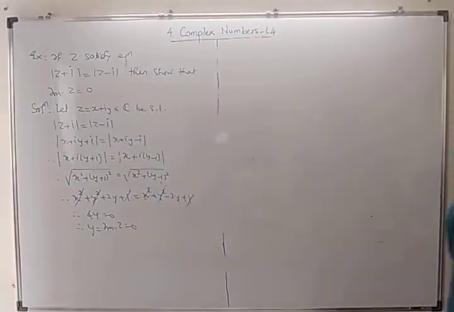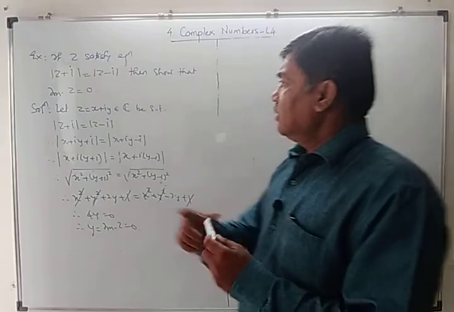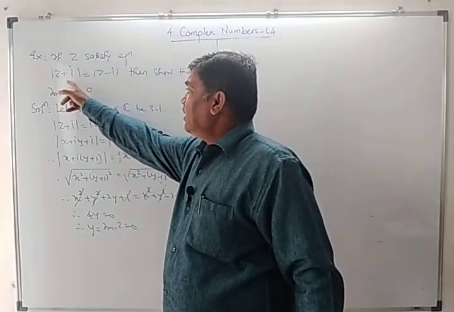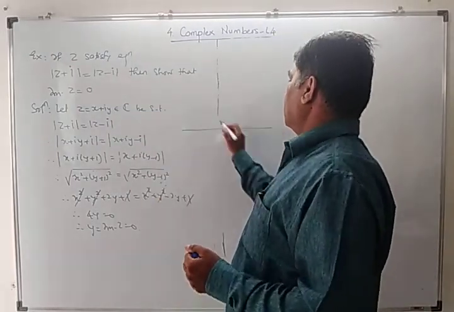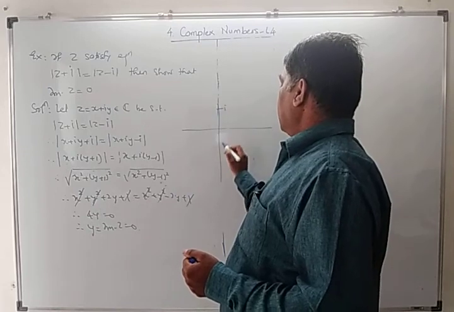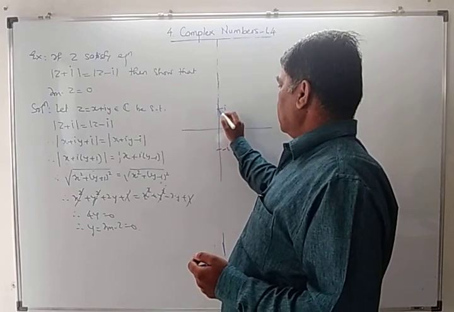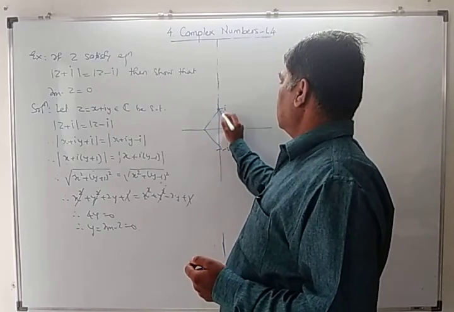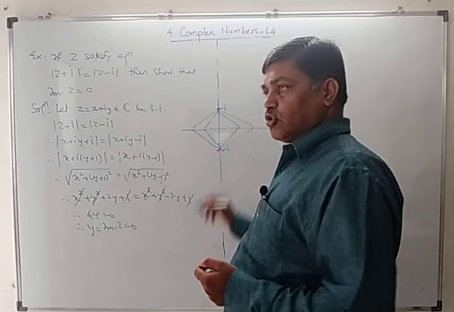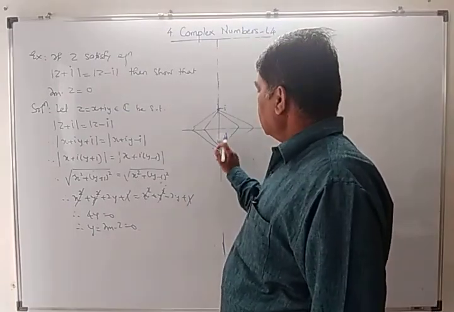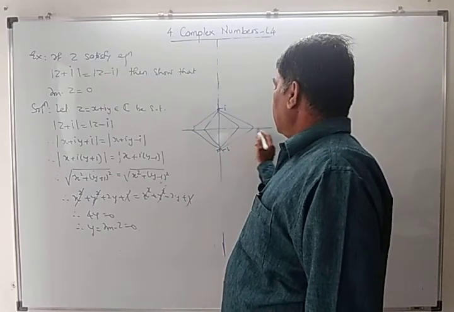Is it clear? So in this way, the set of all those complex numbers Z which are equidistant from i and -i, if I take any complex number here, and so on, are all the complex numbers on the x-axis.